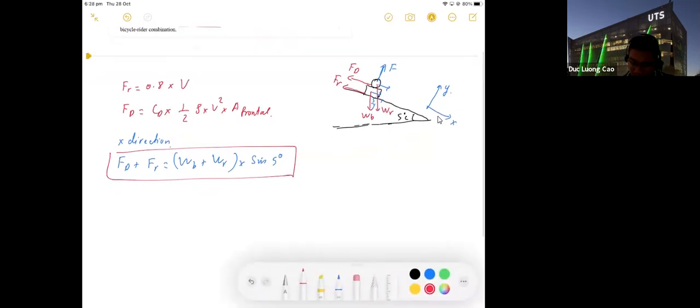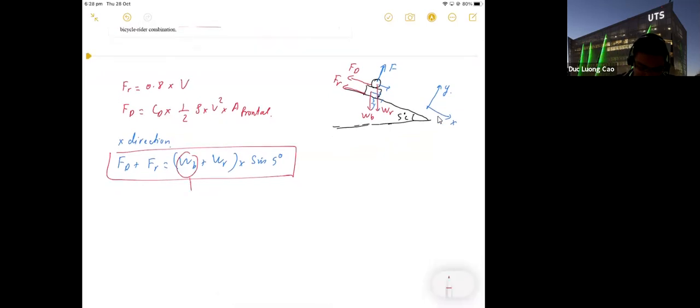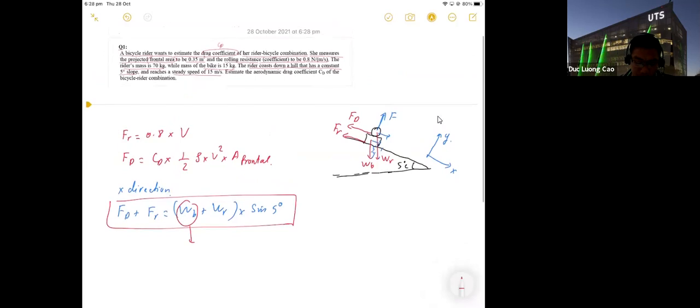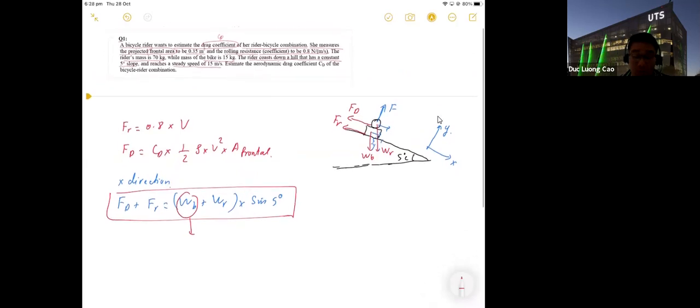With the weights here: weight equal to mass times gravity. Weight of bicycle equal to mass of bicycle times gravity, or 15 times 9.81.